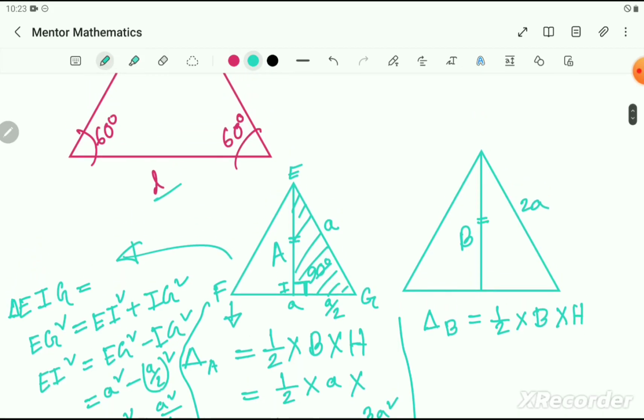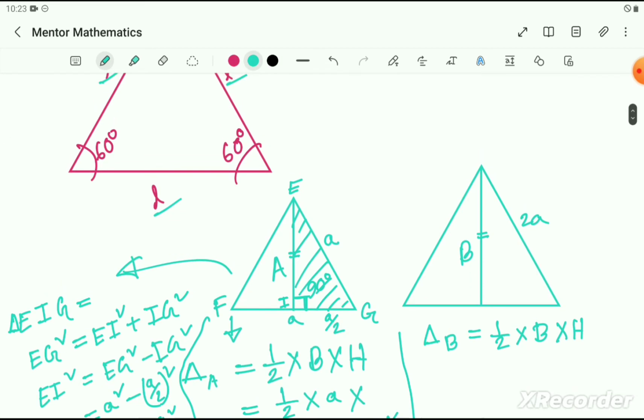So in a similar way we can calculate it from the Pythagoras theorem. In this case I am just following the previous assumptions, so height we can write as EI, similar to before.